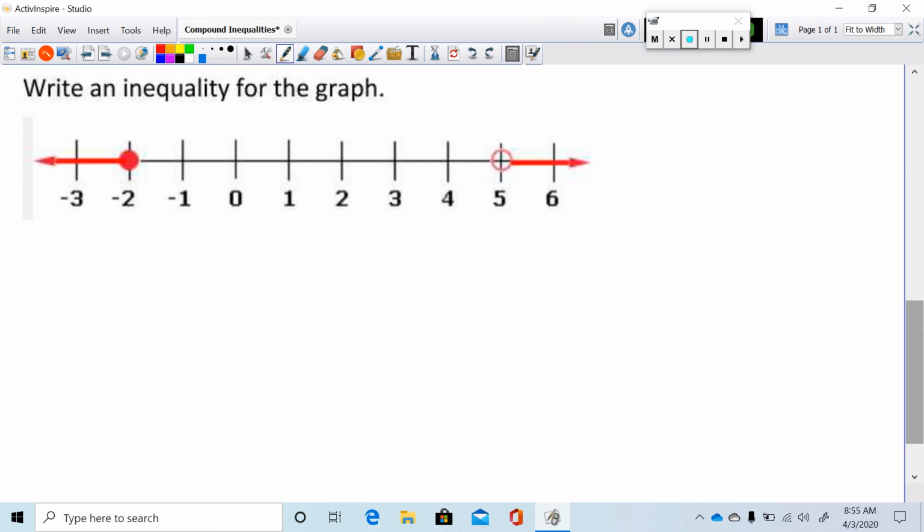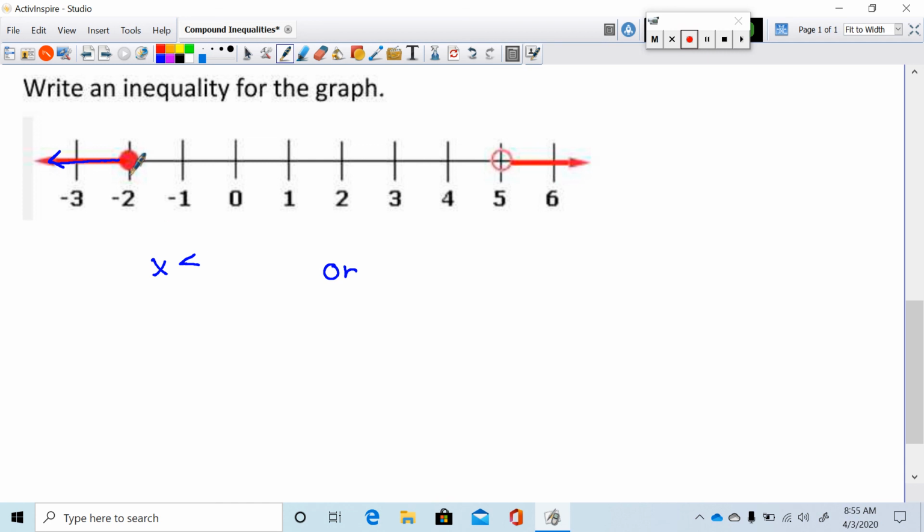Okay, write an inequality for the graph. Well, the first thing I notice is that this graph is separated, they're not together, so it's an or situation. So then I always start with x no matter what. Now see how this arrow is pointing to the left? So I want my inequality to point to the left.